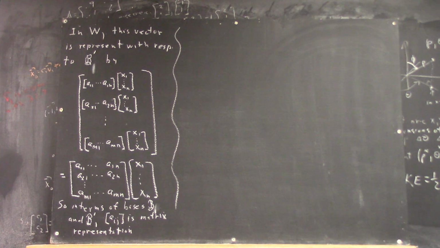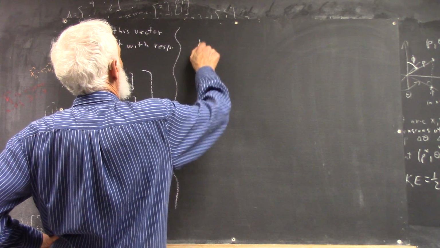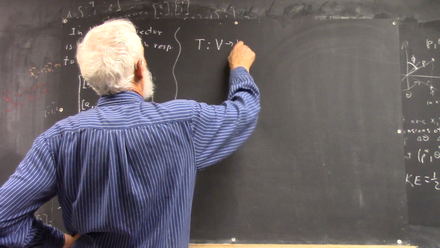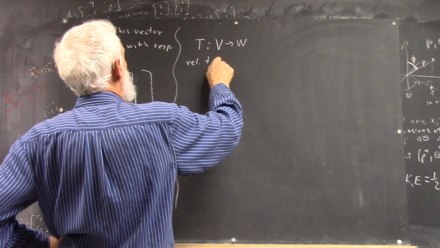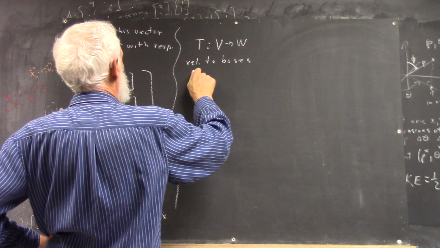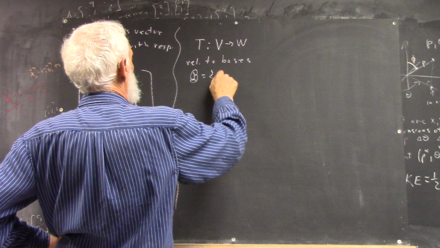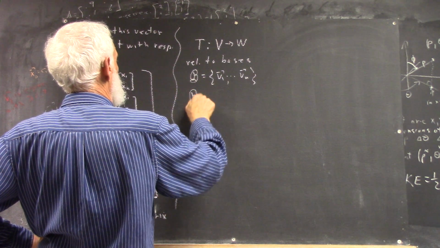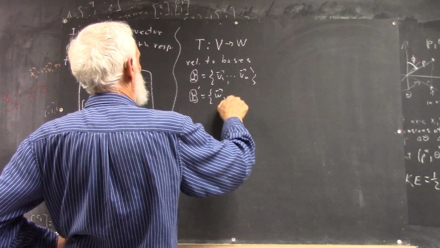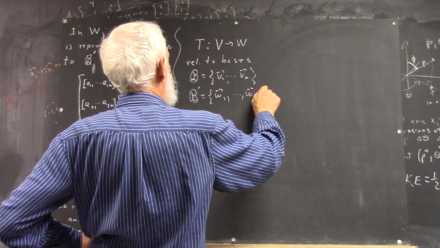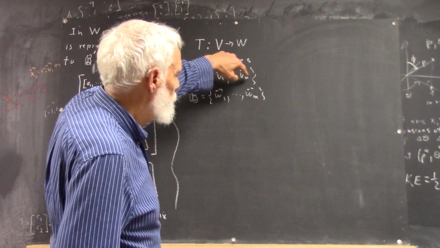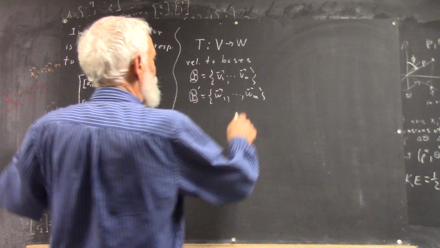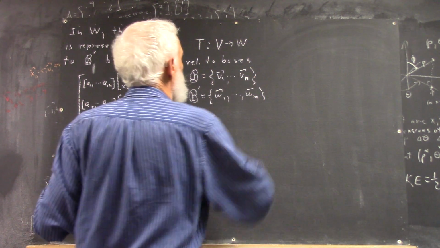Okay, so again, we have a transformation from B to W. Relative bases V1 through Vn, and that N just looks a lot like an M. Got to sand these boards down.